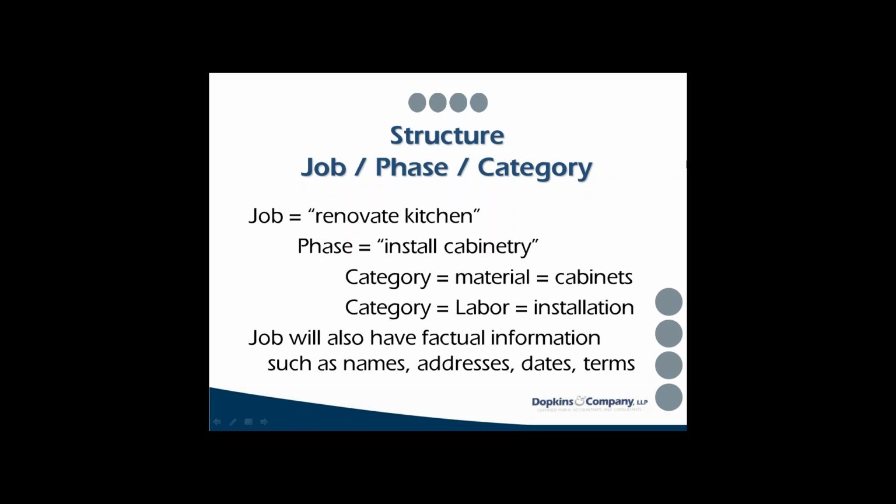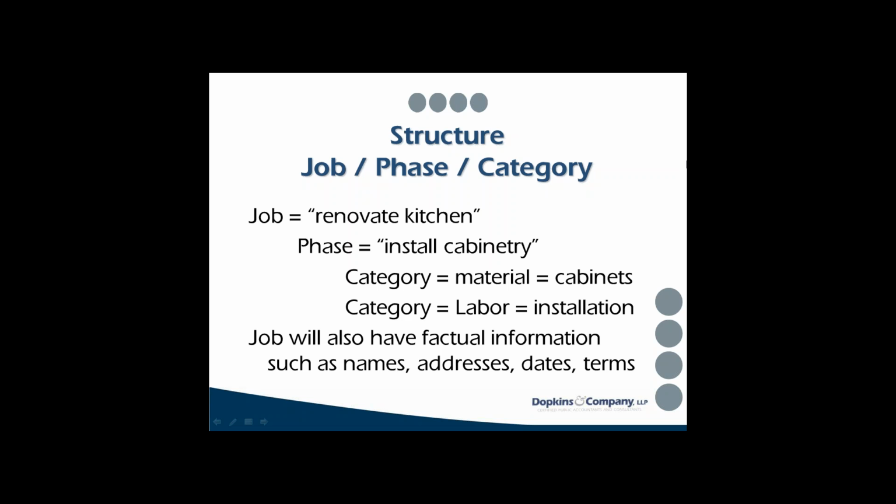What actually is taking place? So installing cabinetry could have 2 parts, the actual physical cabinets, which is a material cost, and the time and labor it takes to physically install them. So a job is made up of many phases, and each phase has multiple categories, which are kinds of costs.